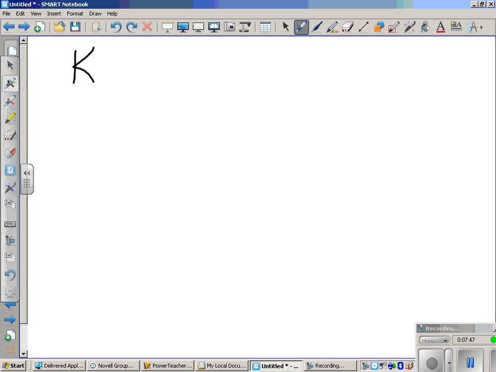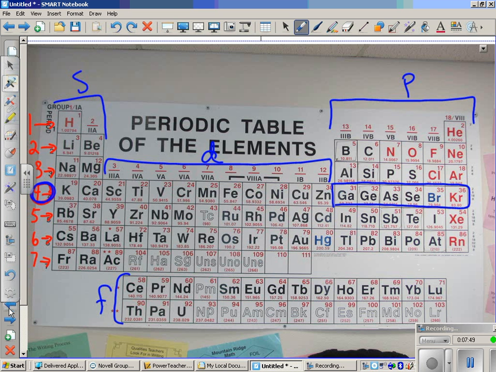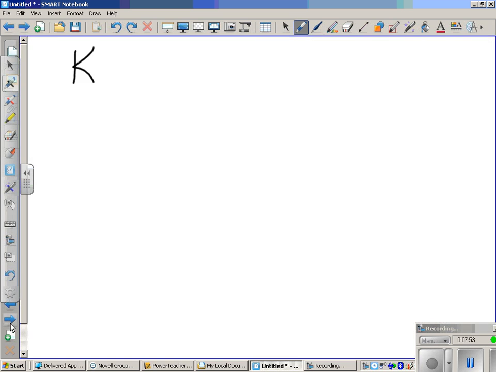So we find potassium on the periodic table. Okay, potassium is right here. Its electrons are in the 4th energy level, which means its first quantum number has to be a 4. So you look at your options. I'm just going to write A, B, C, D, and E here. Immediately we know A and B are not possibilities because they both start with a 3.